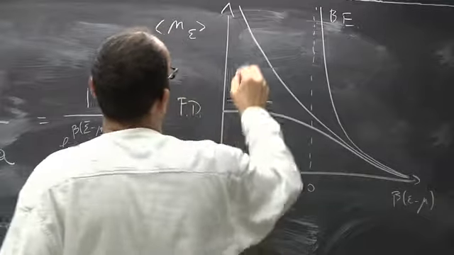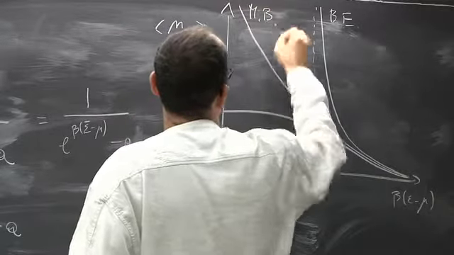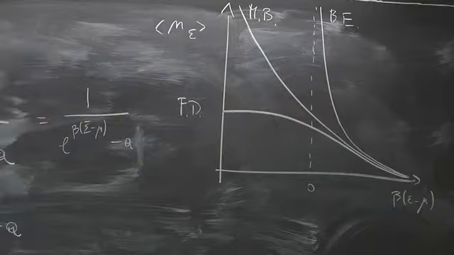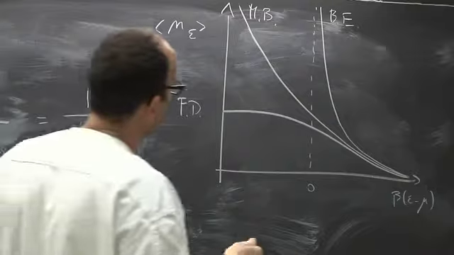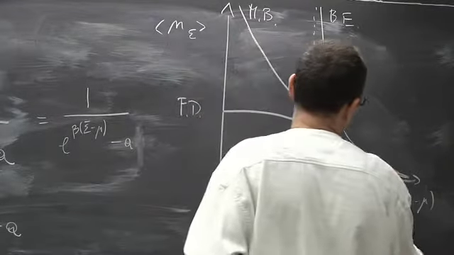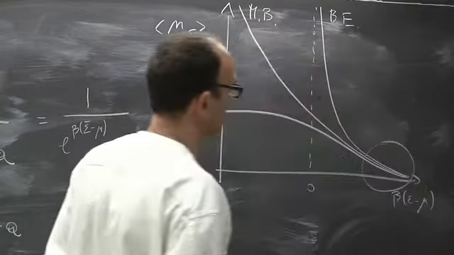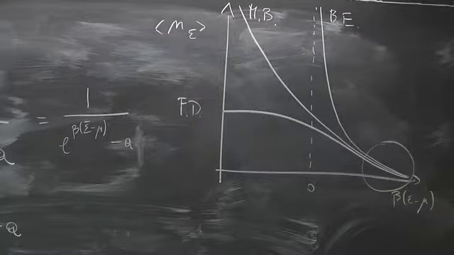So you see that the classical limit really takes place when you are far to the right in this plot, when the chemical potential is large and negative with respect to the typical energy of single energy levels.